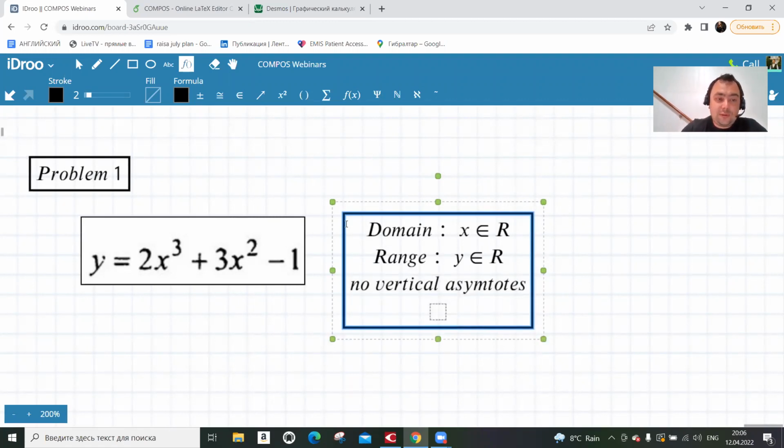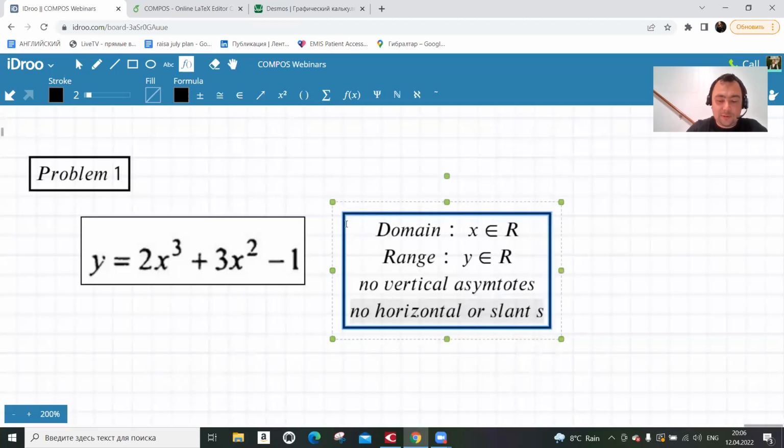Not really. As x becomes really big, the graph goes really high up, and when x becomes very negative, it also becomes very negative. So no horizontal or slant asymptotes.